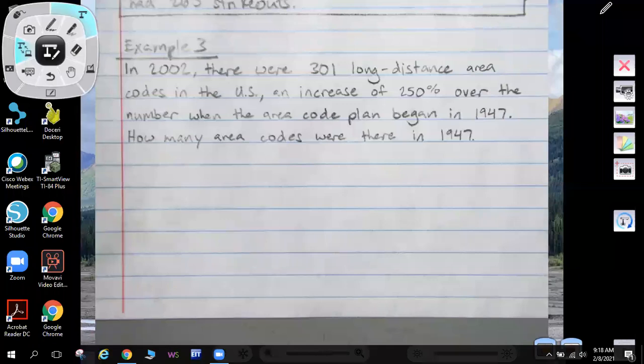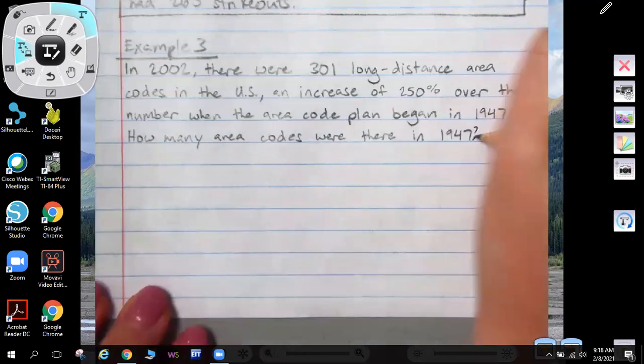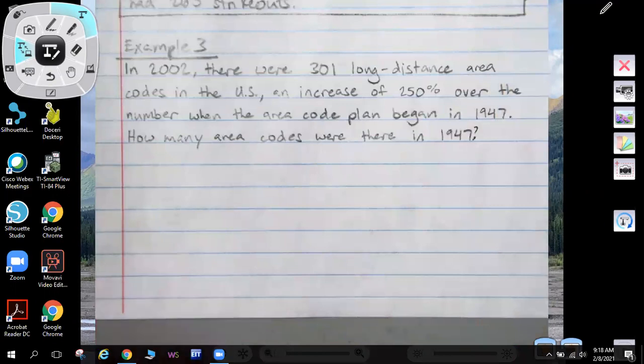Okay, let's read through this example. In 2002, there were 301 long-distance area codes in the United States, an increase of 250% over the number when the area code plan began in 1947. So the question is, how many area codes were there in 1947?